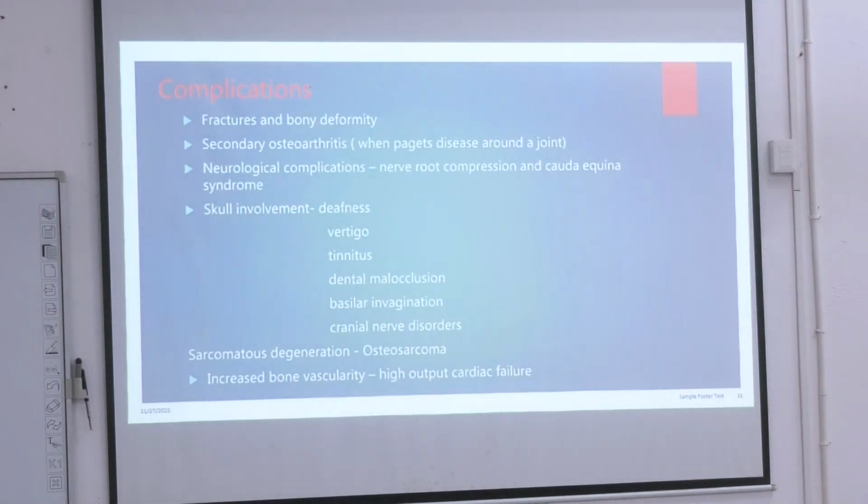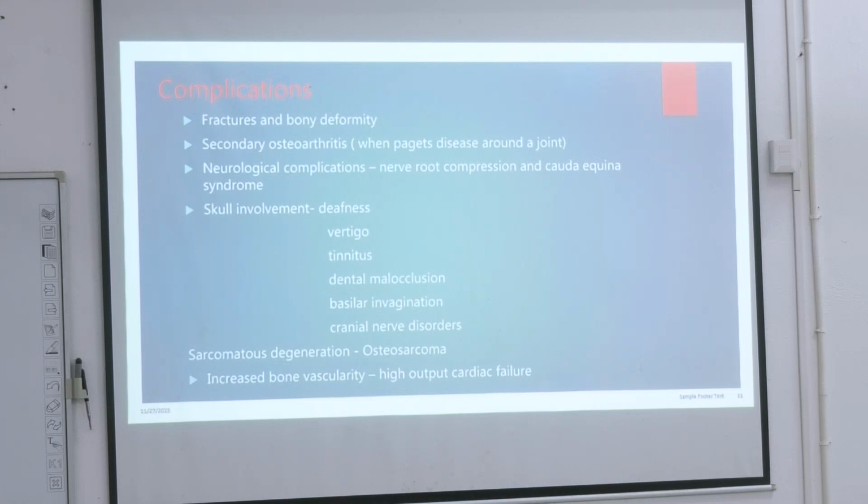So coming to the complications. If a bone suffers from disorganized mineralization and imbalance between bone formation and bone resorption, the bone inevitably will be weakened. The bone inevitably will not be strong enough to sustain the body weight. So here come the complications of Paget disease of bone, like fractures and bony deformity.